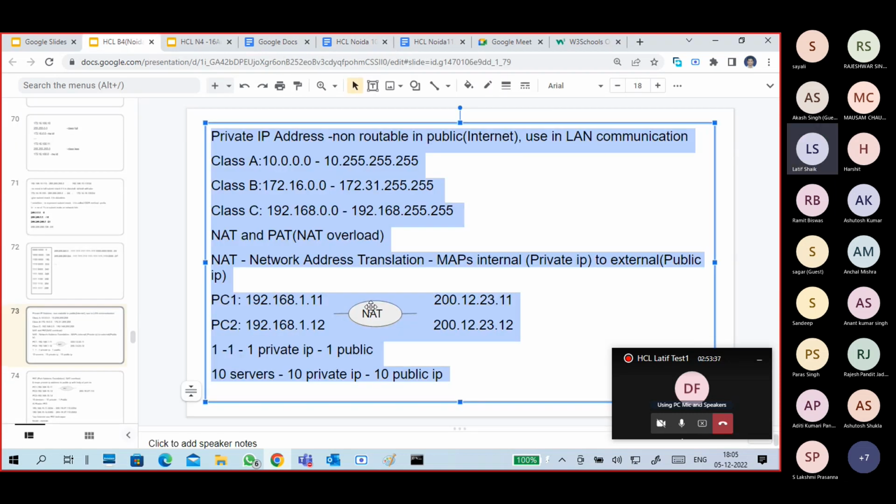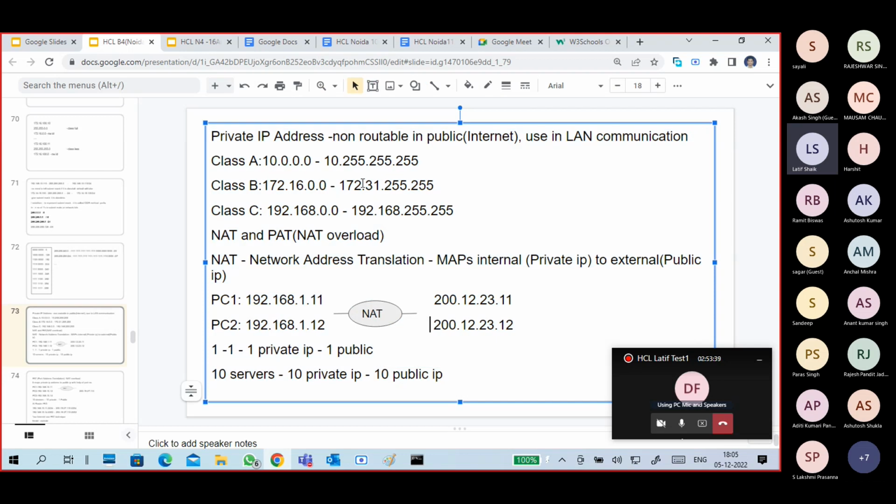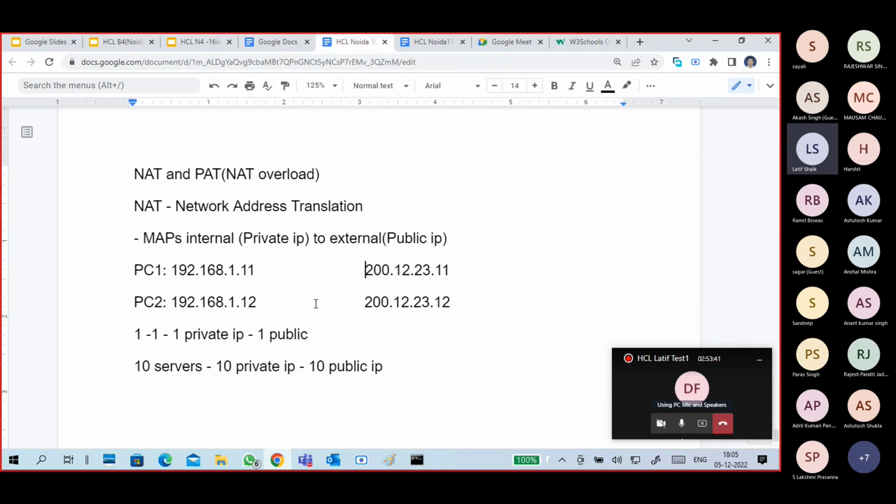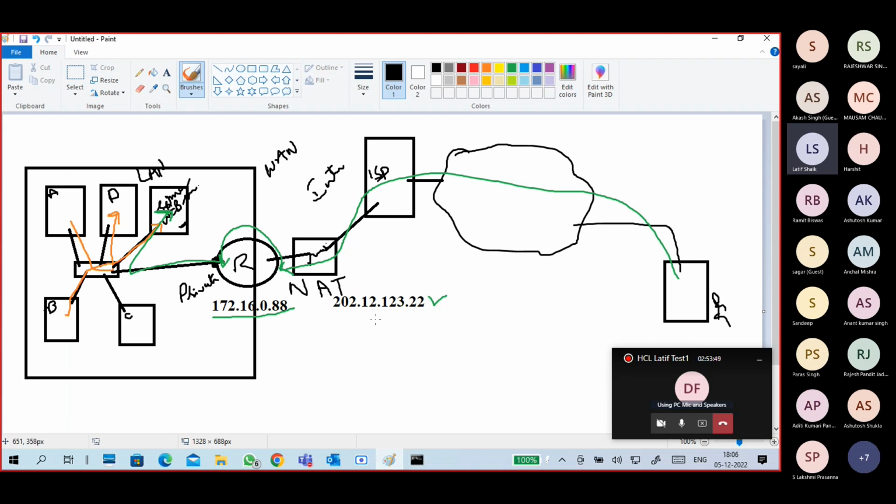There is a picture like this, that's why it is not coming. So this is my inside private IP, but when it is communicating to outside and from outside also, it uses a public IP. Guys, understand? NAT? Yes, sir.